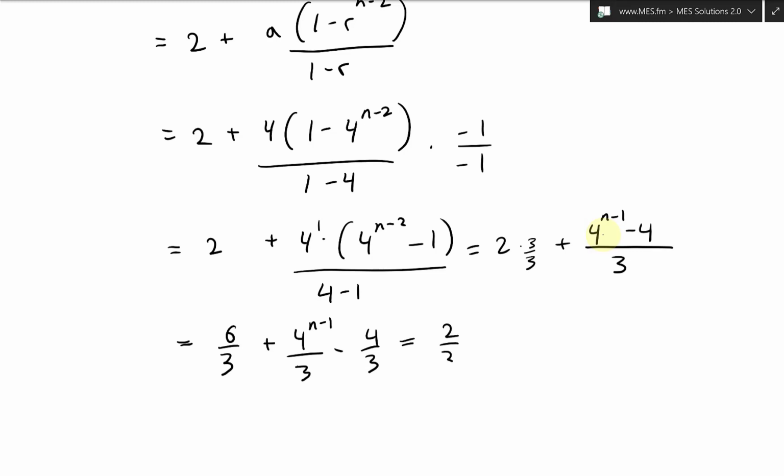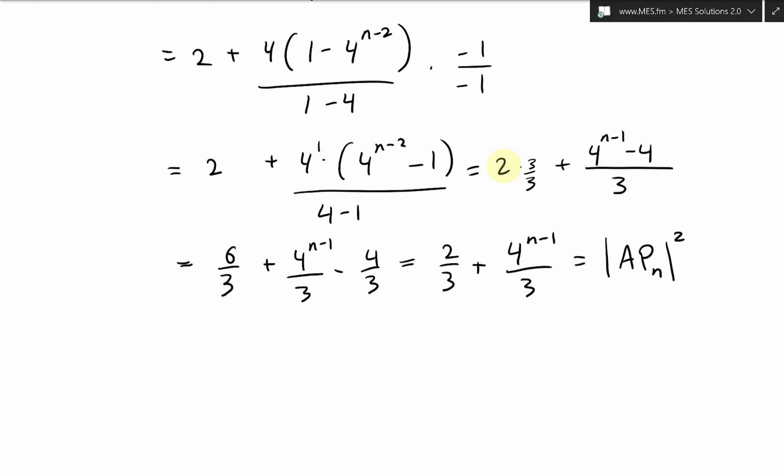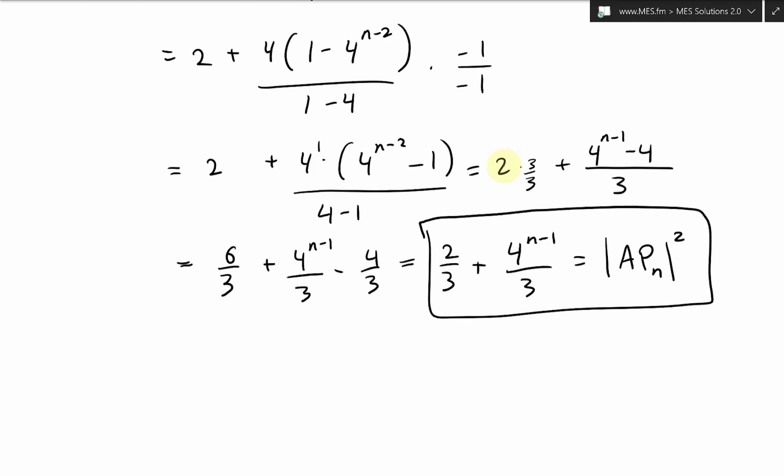So 2 over 3 minus 4 to the n minus 1 over 3, like that. And actually I made a mistake. It's not minus, it's a plus. And this equals our absolute value, or not absolute, this is just the distance. So the absolute value of the distance, APn squared, like that. So that is what this equals.